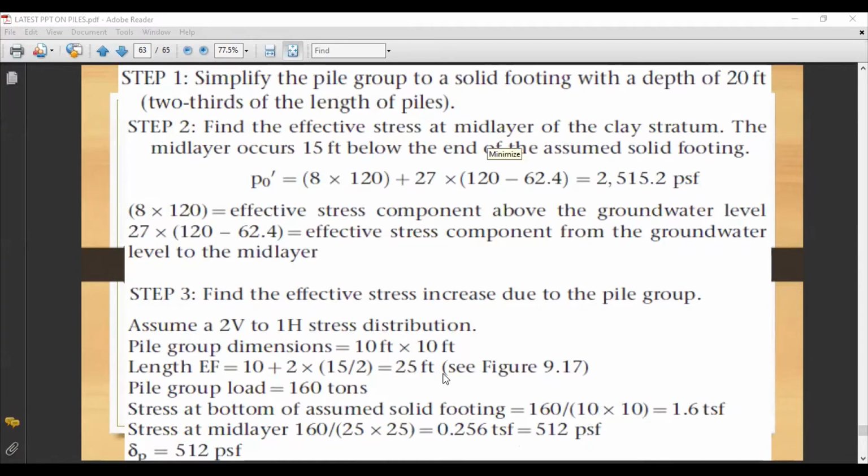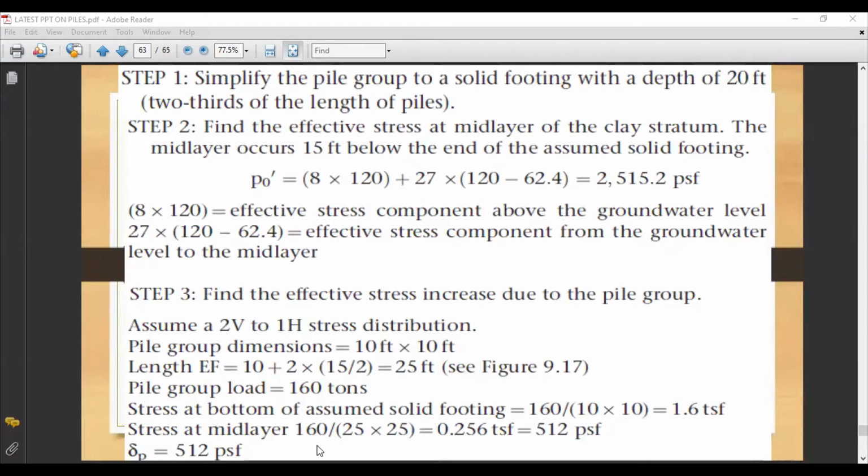Pardon? 52.84? 2.84. Okay, 2.84 tons per square feet, right?